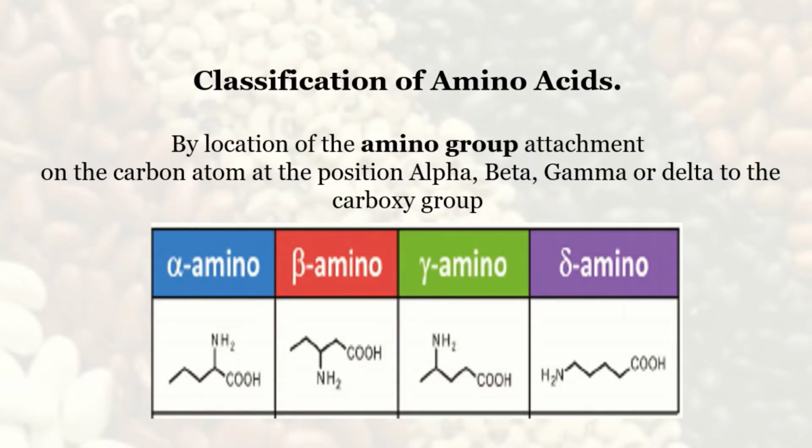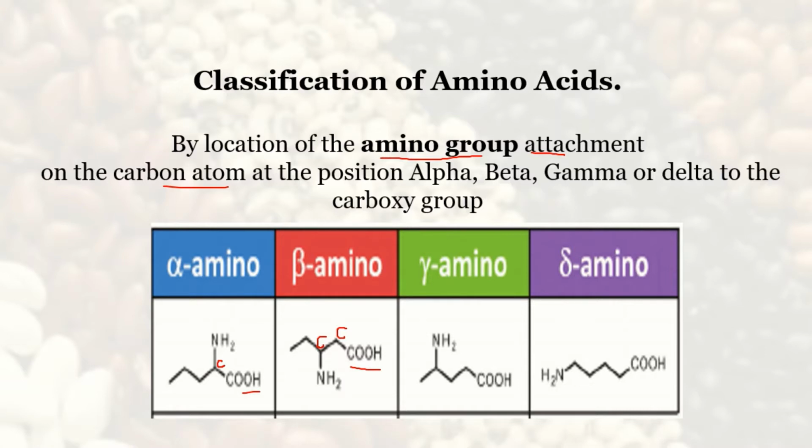Amino acids are classified according to the location of the amino group, where it is attached to the carbon atom, and we can have different positions. For example, alpha amino means it is attached to the first carbon next to the carboxy group. Then beta amino is when it is attached to carbon number 2 in relation to the carboxy group.